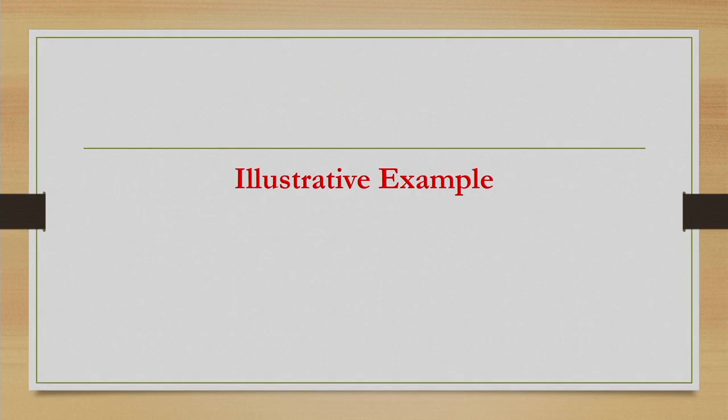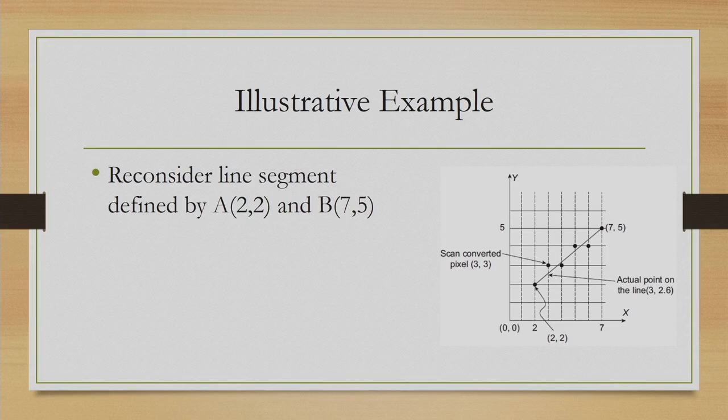Now, let us try to understand the algorithm in terms of one example. We will continue with our example that we have introduced in the previous lecture. So, this is the line segment given, these are the endpoints already mapped, and our job is to find out the intermediate pixels that correspond to the points on the line.